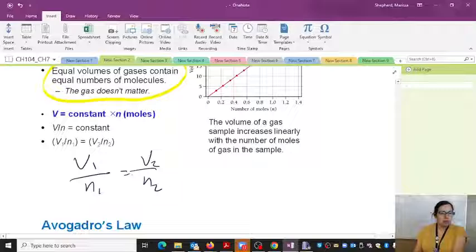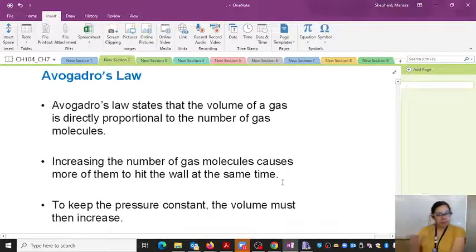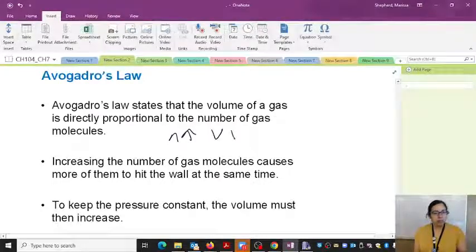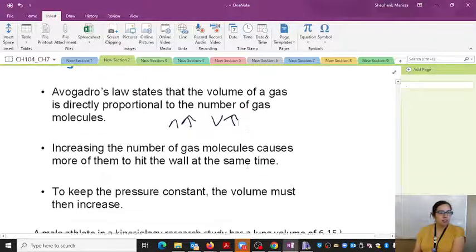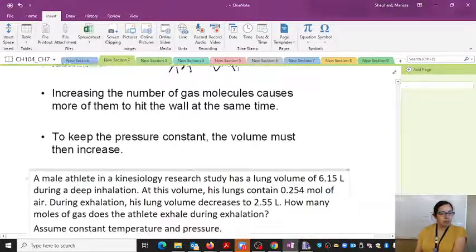And I don't think you can really have moles in another way. And so we see as N increases, our volume must also increase if we're holding everything else constant. If we increase the number of gas molecules, that causes more collisions, so we have to increase the volume to keep it spread out over an area.